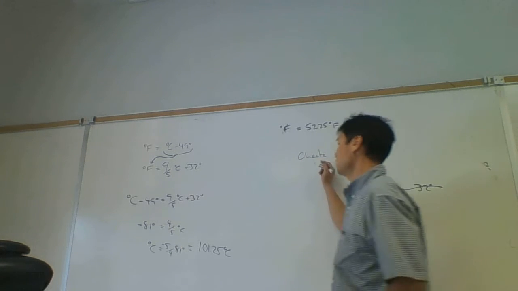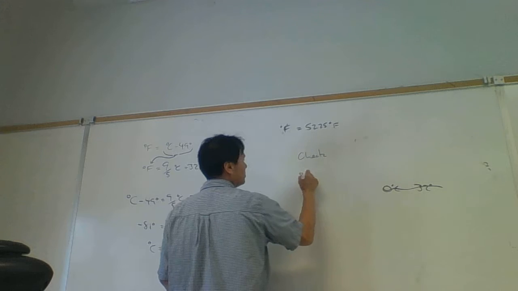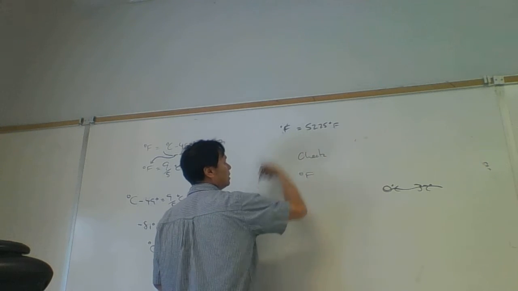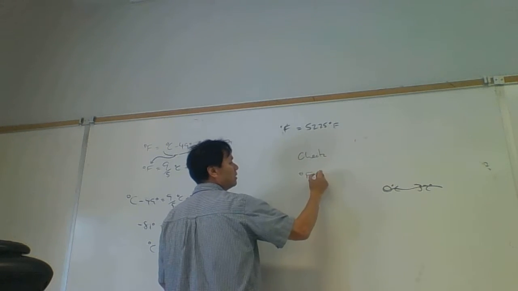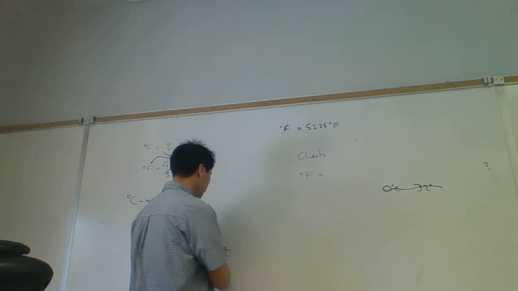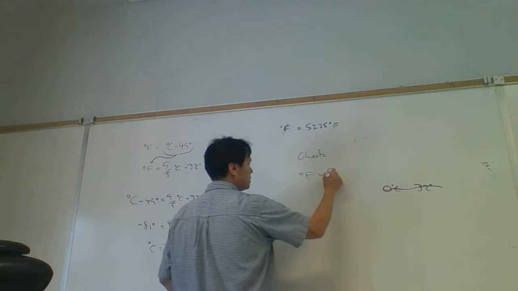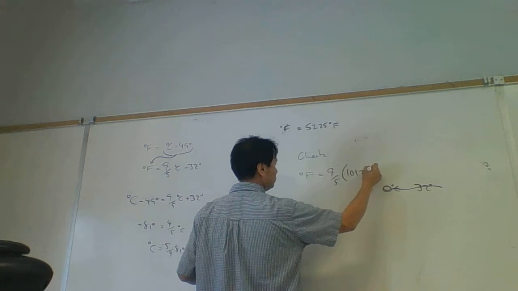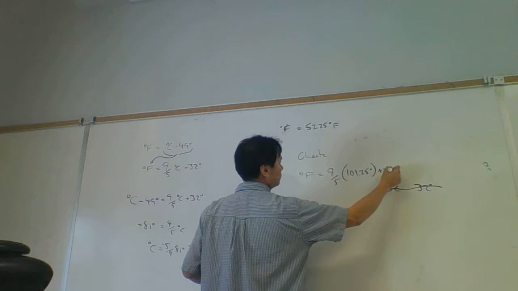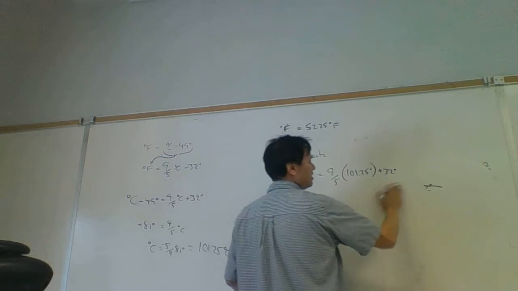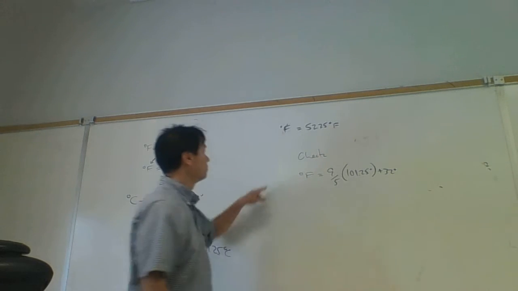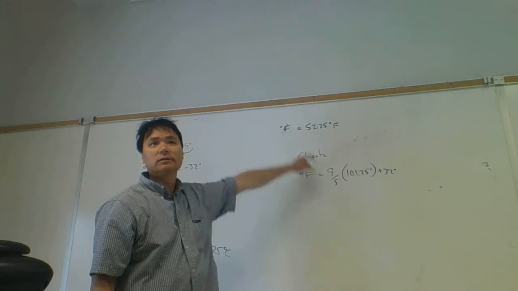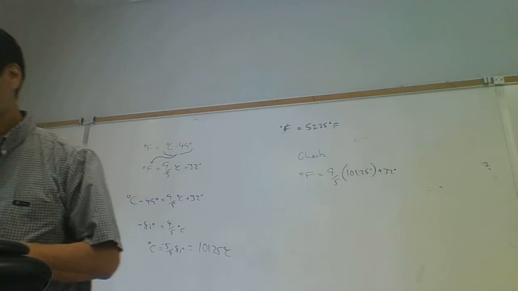The way I'm going to check this is I'm just going to check one of these. Let's check degrees Fahrenheit. Degrees Fahrenheit should equal 9/5 degrees C, which would be 101.25, plus 32. And so if they're the same temperature, then I should get 52.25. This is just a quick check.